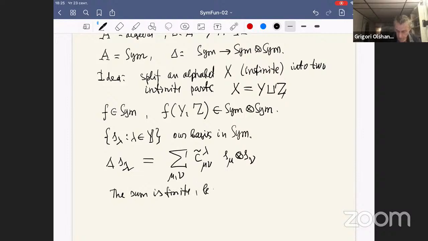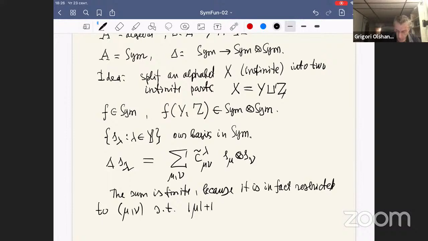It is in fact restricted to pairs of partitions such that the sum of sizes is equal to this one.